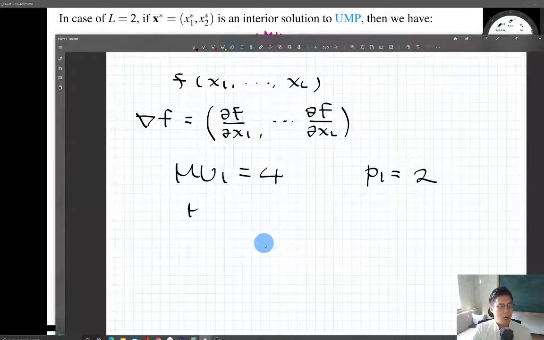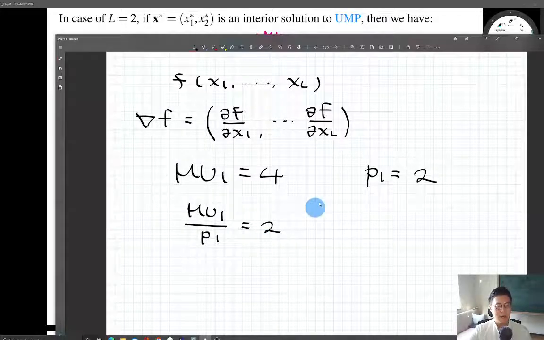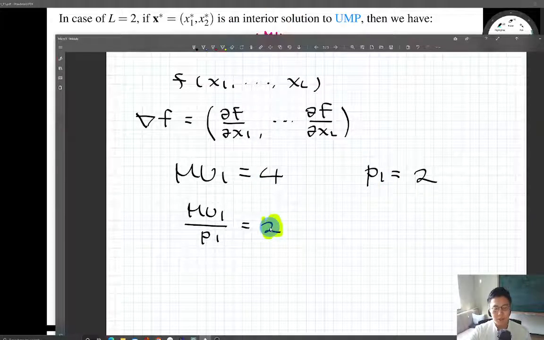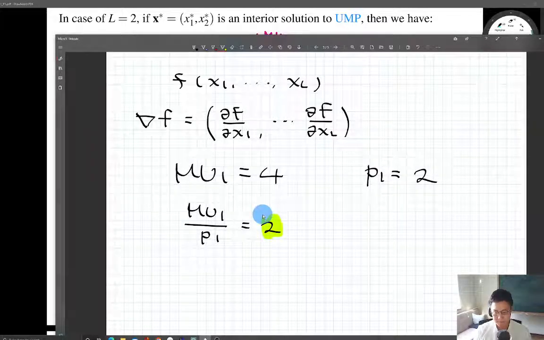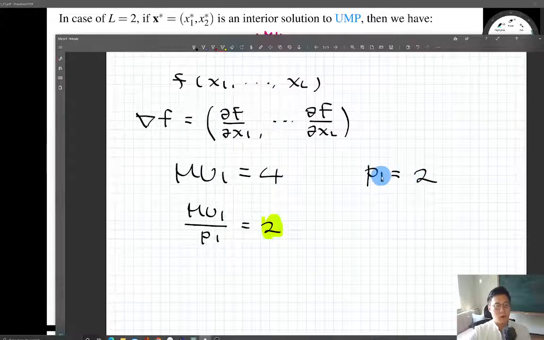Then the marginal utility per dollar is 4 divided by 2, which is 2. This number 2 implies that if the consumer has one additional dollar, he can purchase half a unit of good one, because good one is traded at $2 in the market, and by purchasing that half unit, he can increase his utility by 2 units.